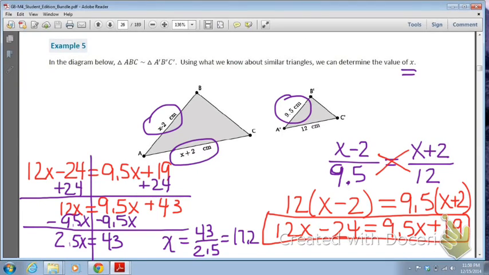Okay, so we were just asked to find the value of x, but we could use that value of x of 17.2 right here to find the side lengths now. So let's clean this up.